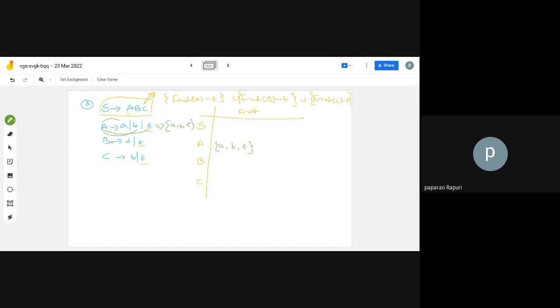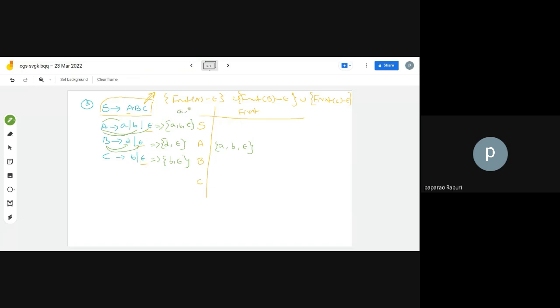And coming to B, small d comma epsilon, because from this B is deriving small d, and from this epsilon. And coming to here, small b epsilon. So here we got first of A, first of B, first of C.